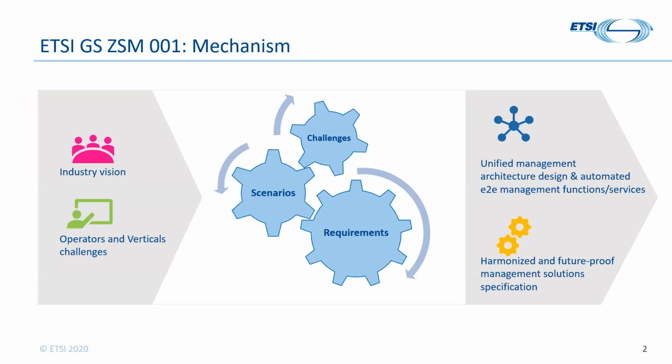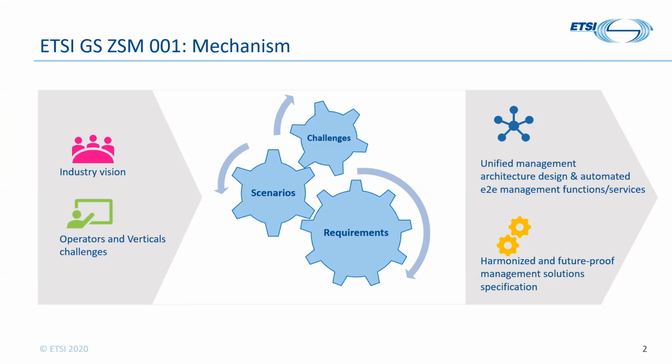The requirements for ZSM are captured in the ZSM 001 specification. The scenarios in ZSM 001 are documented as a collection of short stories of operators' pain points and challenges with managing the network of 5G and beyond.